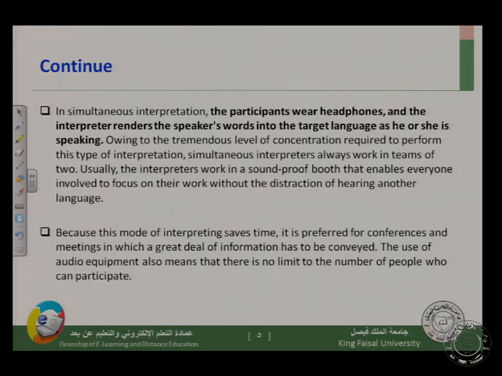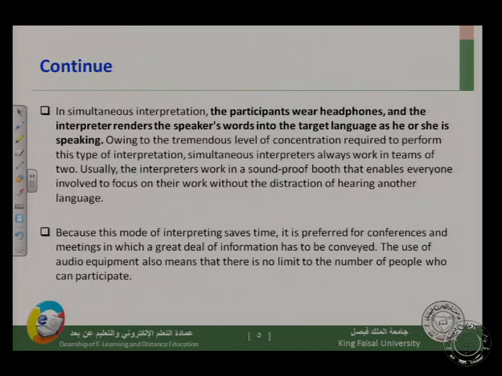Here we need to explain how it works. In simultaneous interpreting, what happens? Participants wear headphones. In the conference room, there are so many participants, so they wear headphones.